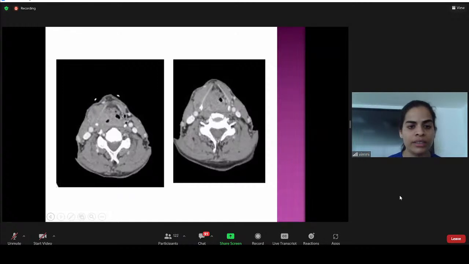Again, the thyroid cartilage and disease on either side, the abutment with the common carotid, and medially and posteriorly the prevertebral fascia. Here the fat planes are preserved, so that appears to be free. So this is the classical extralaryngeal spread, where we can see the thyroid cartilage and disease present on either side of it.